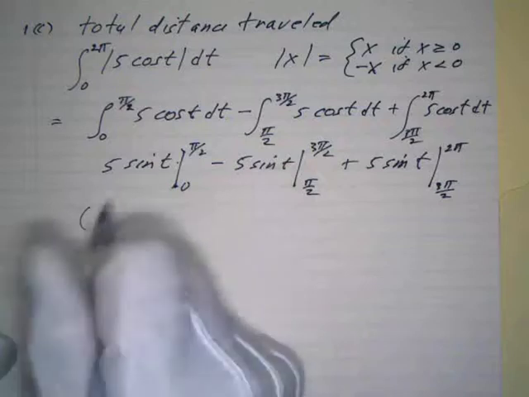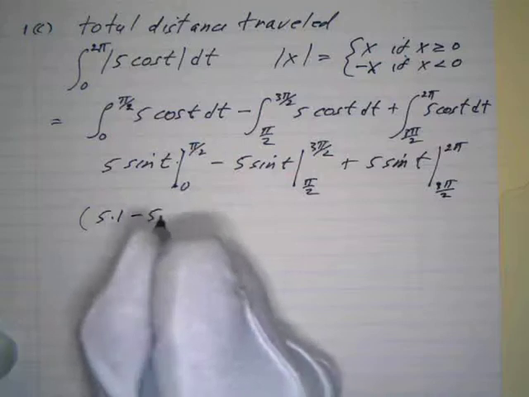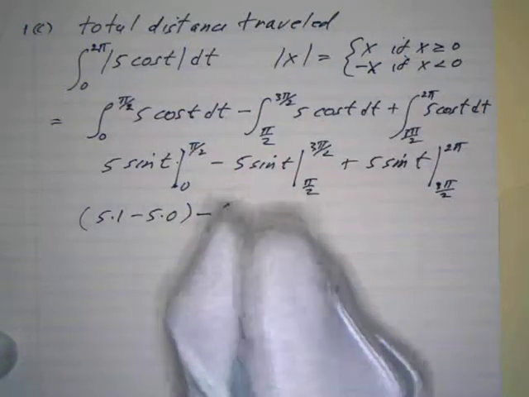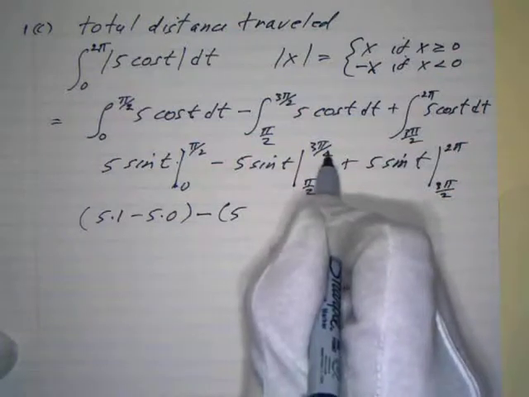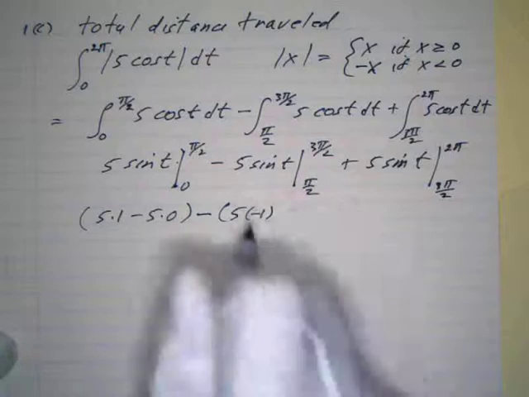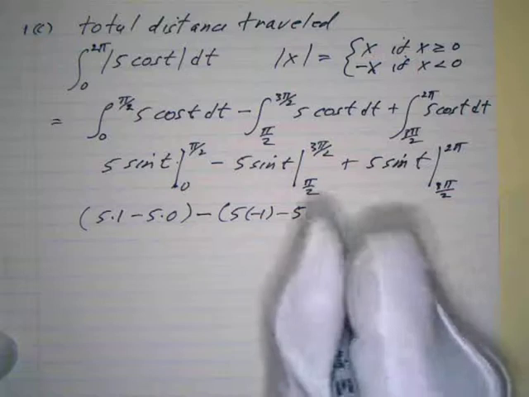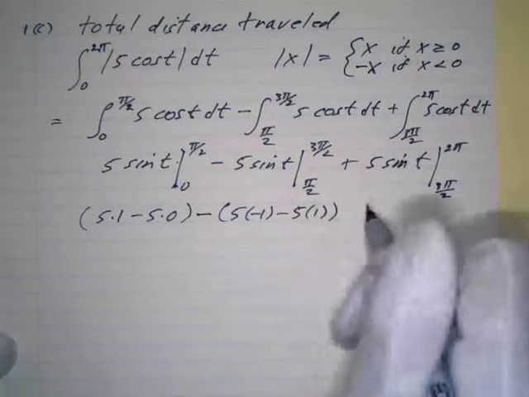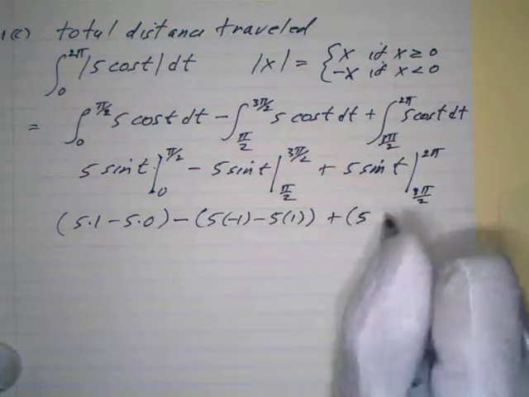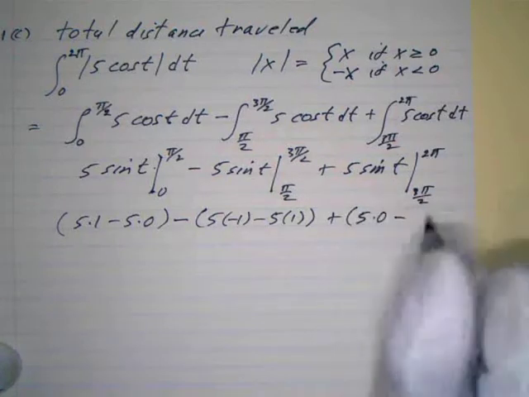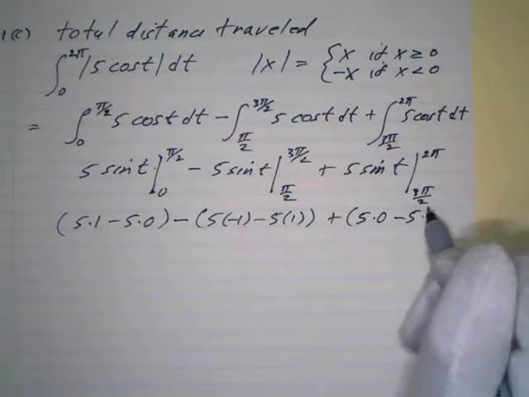So it's 5 times 1 minus sine of 0, 5 times 0, minus 5 times, and what's the sine of 3 pi over 2? That's negative 1, minus 5 times the sine of pi over 2, which is 1. And then plus this last one, 5 times the sine of 2 pi, which is 0, minus 5 times the sine of 3 pi over 2, which is negative 1.